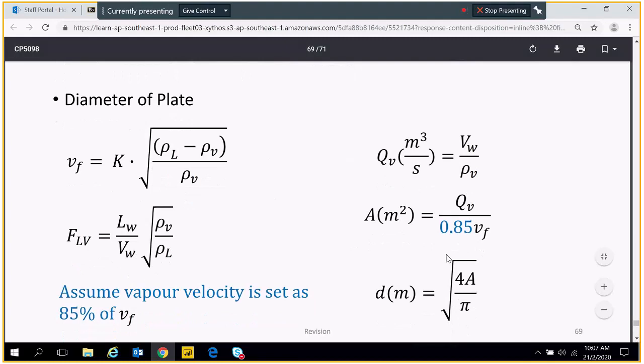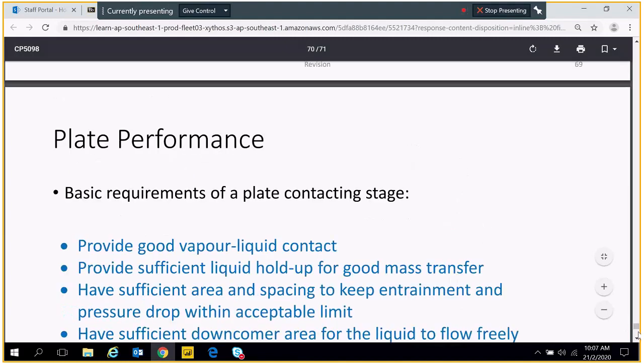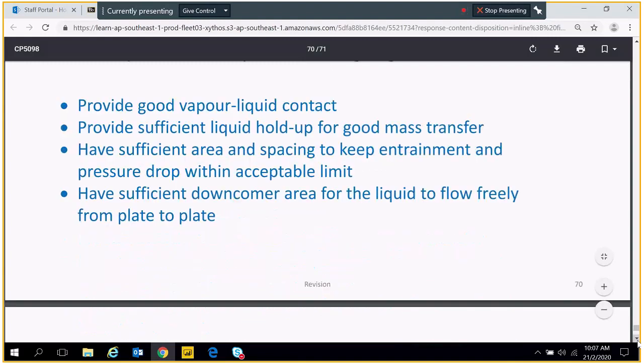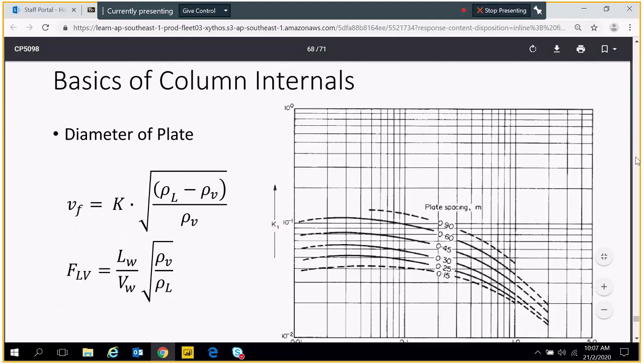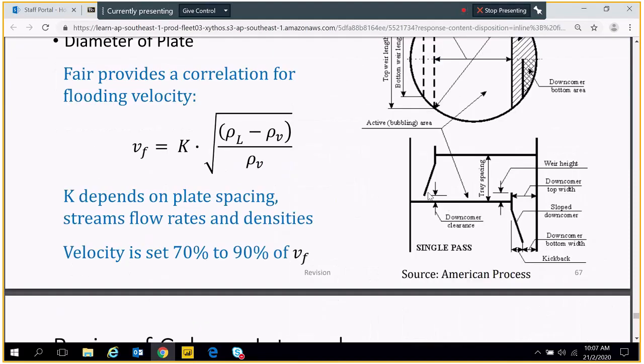All right, so remember the factor. There's this for F, flooding, 0.85. Okay, study this one. What is the opposite of flooding? Weeping. Weeping is too little liquid.